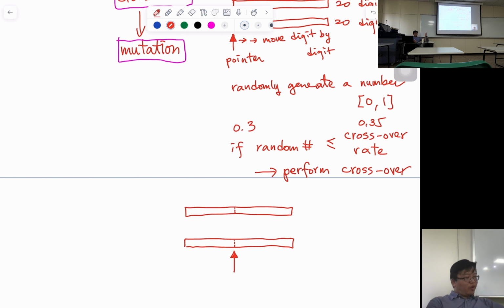So at some point, when your pointer moves to somewhere and you randomly generate a number that is smaller than the crossover rate, okay, now perform crossover.